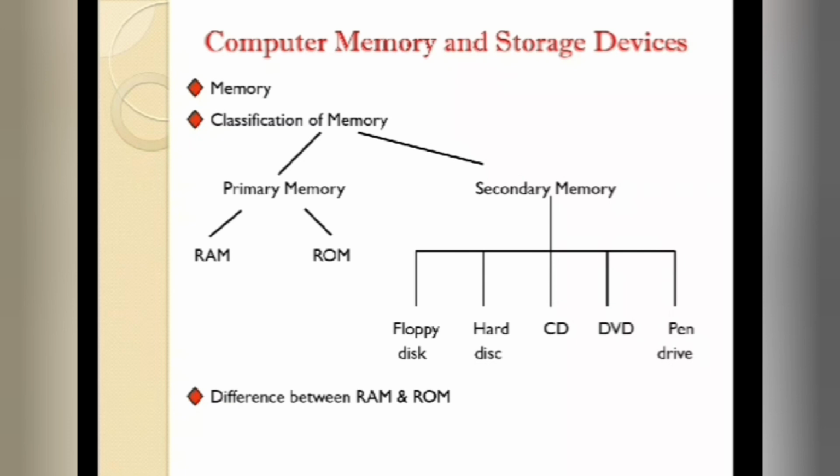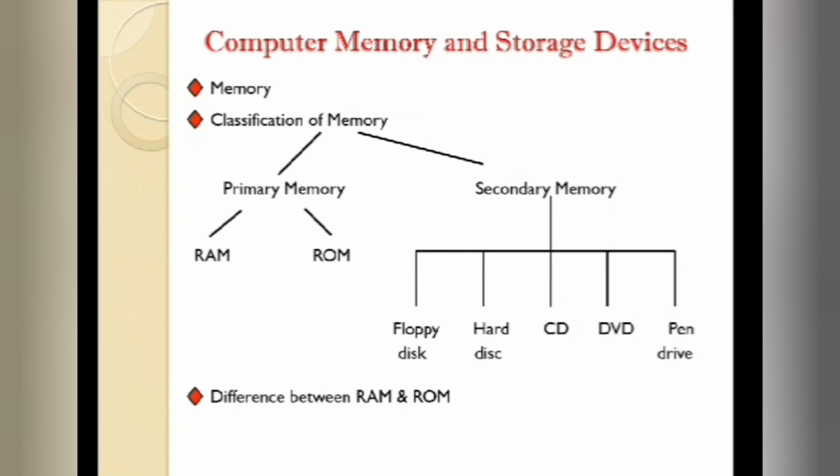Primary memory also consists of two types, that is RAM and ROM. RAM means random access memory. ROM means read-only memory. RAM is a temporary storage memory. ROM is a permanent memory. RAM is also called volatile memory. ROM is also called non-volatile memory.